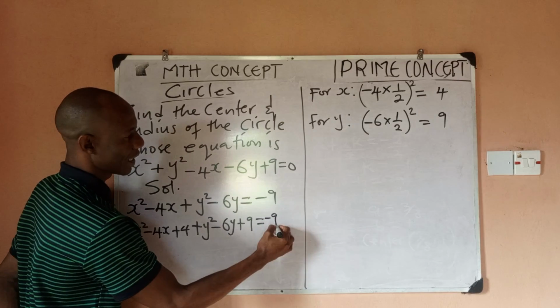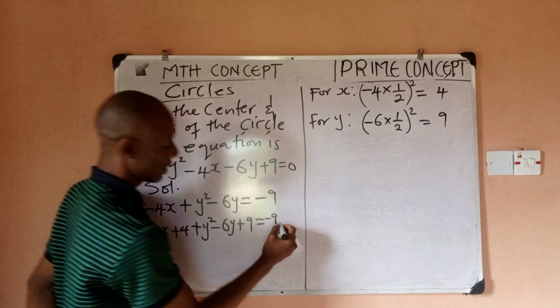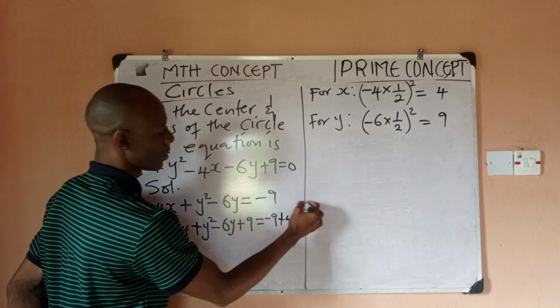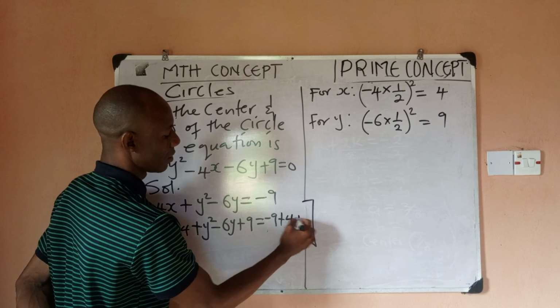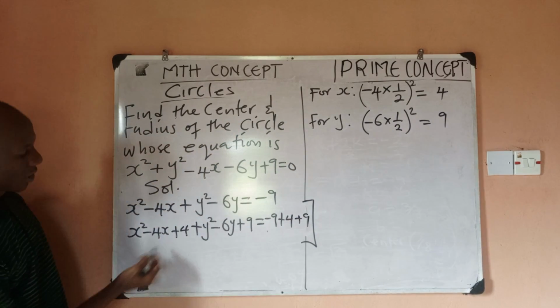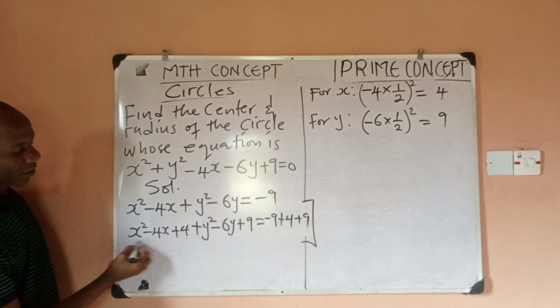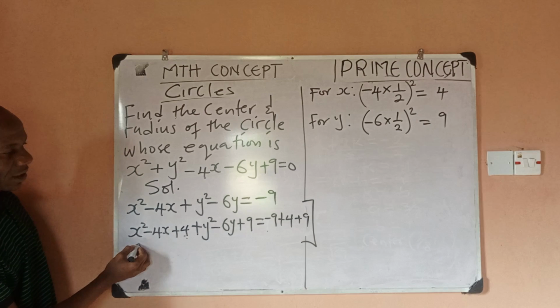I have minus 9. Then the first number I need to add here is plus 4, and the second number I need to add is plus 9.